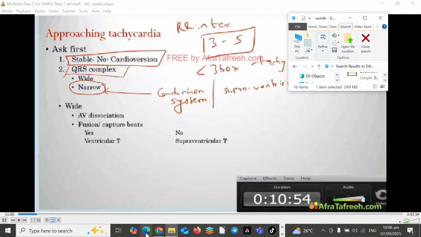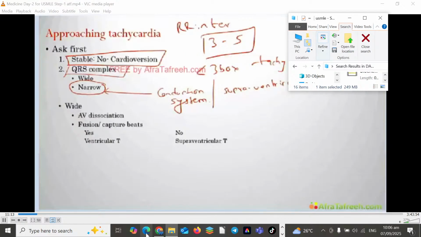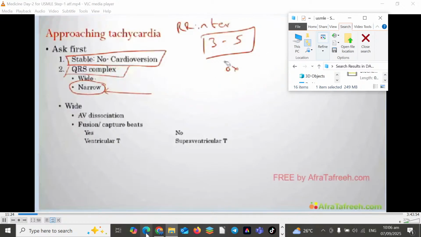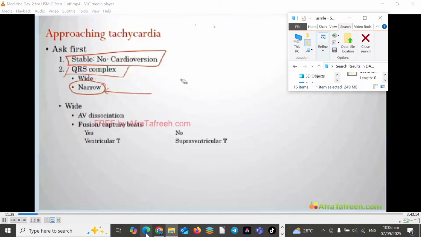So ventricular options are ruled out as soon as you see a narrow QRS complex. If you see a widened QRS complex, this can be two things. A widened QRS complex can be a ventricular rhythm and it can be an atrial rhythm also.